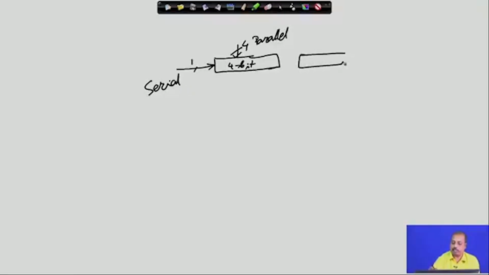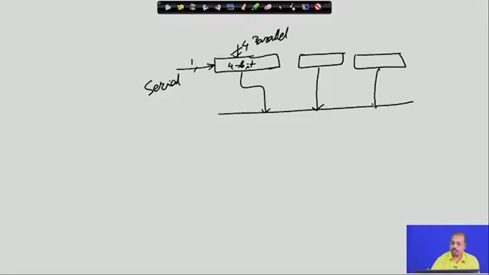Instead of having a single register, I have a number of such registers. Now, I need their output to come onto a common line, which we call a bus. So, their outputs are connected to the bus. At any point of time, I may want that the output of only one register be available and others are not.